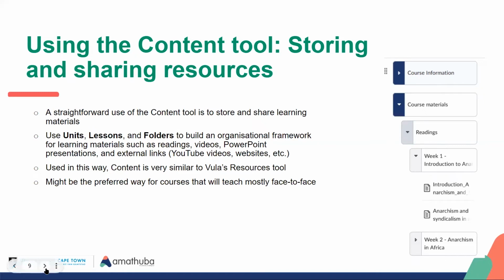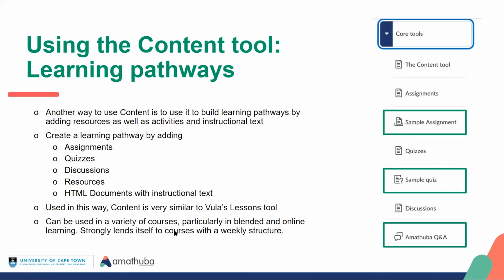An alternate way to use the content tool is to direct student learning. In the second way, the students come to one place in your course site. They come to content, and when they come to content, they do everything there.